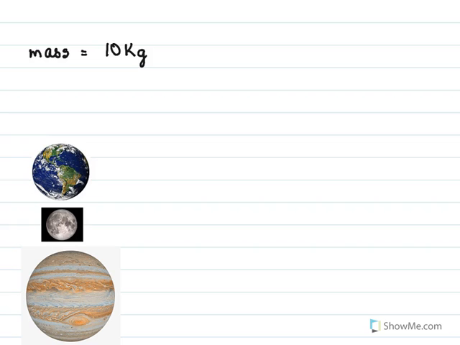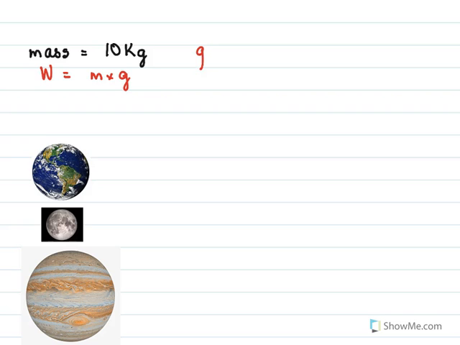In this slide we'll learn how the weight of an object is different on different planets. To know that, we must first learn the formula for weight. We know weight equals mass into acceleration due to gravity.